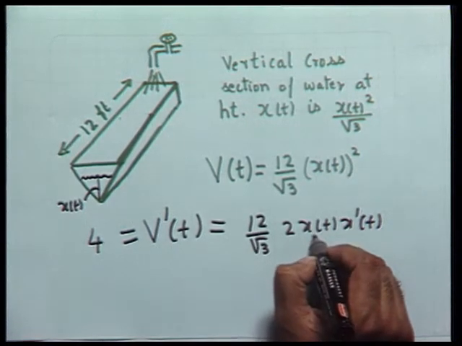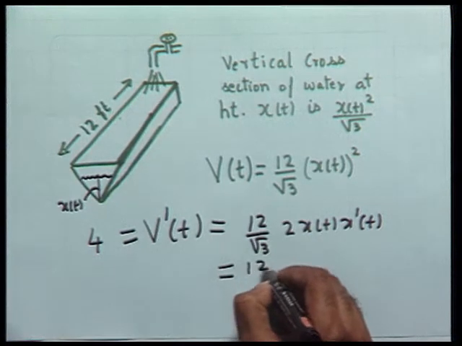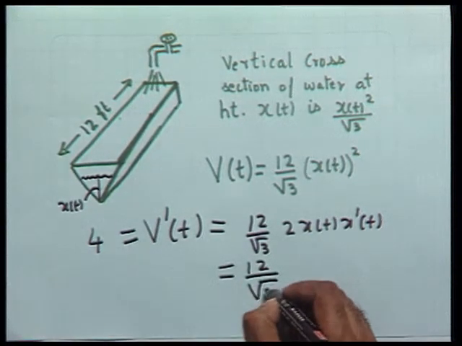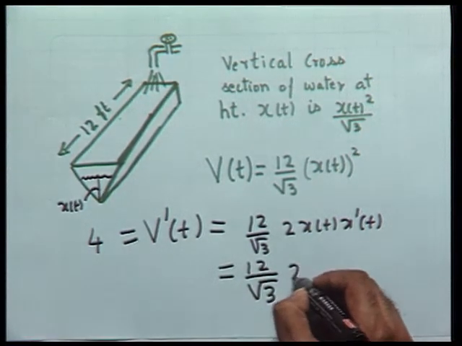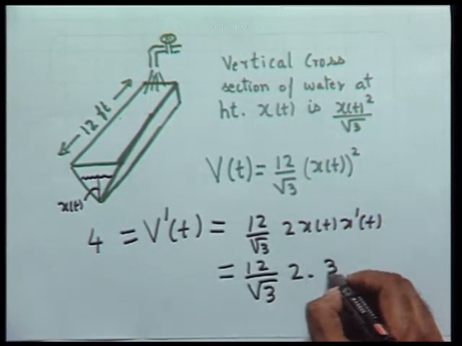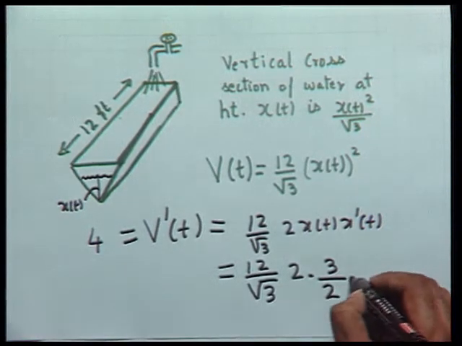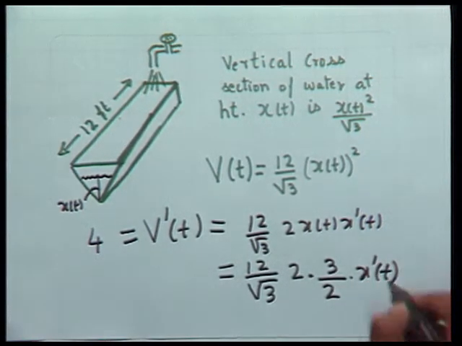So when x(t) is equal to 1.5 feet, that's going to be equal to 12 by root 3 by 2 into 1.5, that is 3 upon 2, into x prime t.